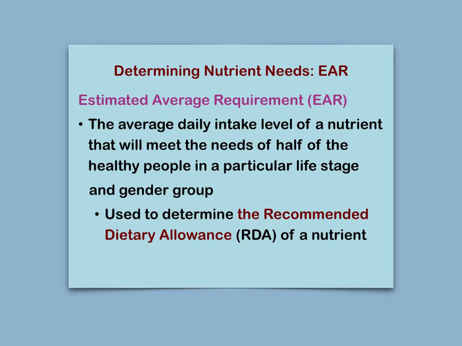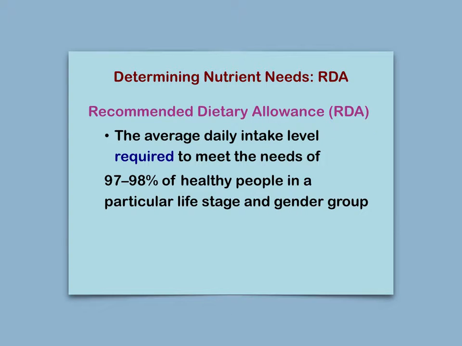Let's move on further. What is recommended dietary allowance? It would be the average daily intake level that's required to meet the need of pretty much between 97 to 98% of healthy people in a particular life stage as well as gender group.